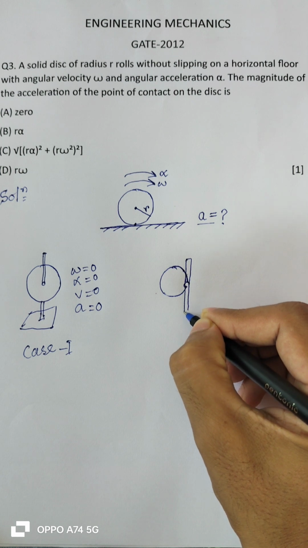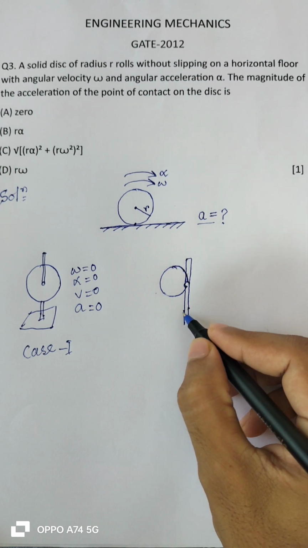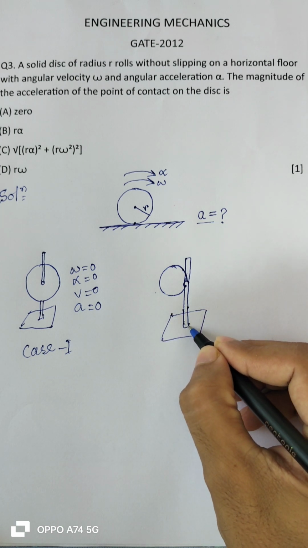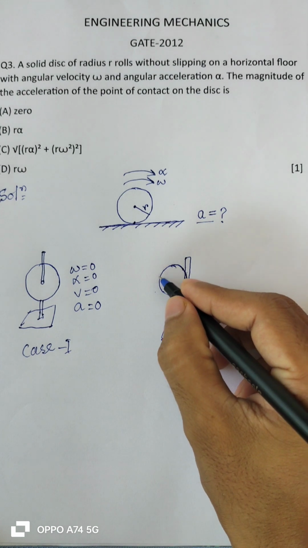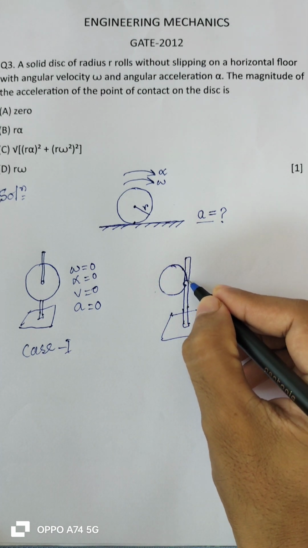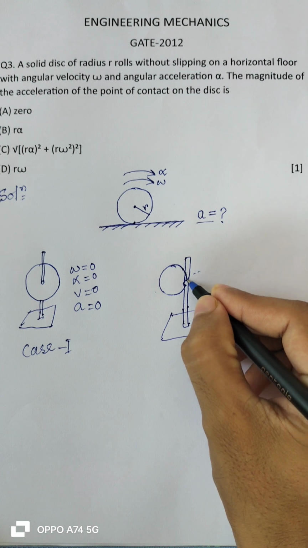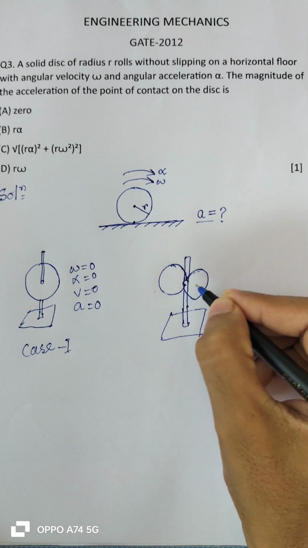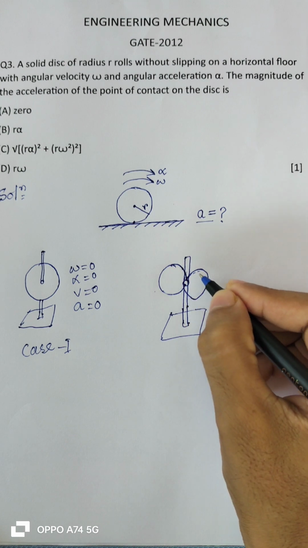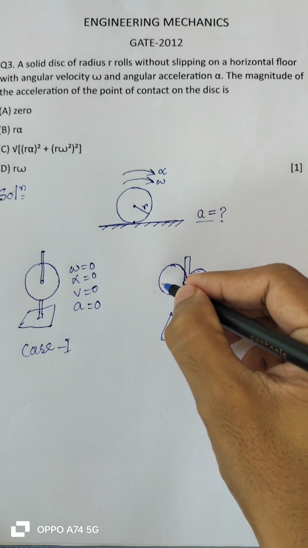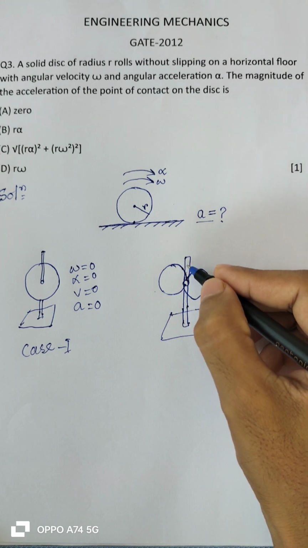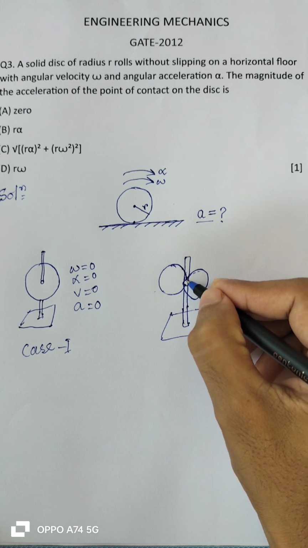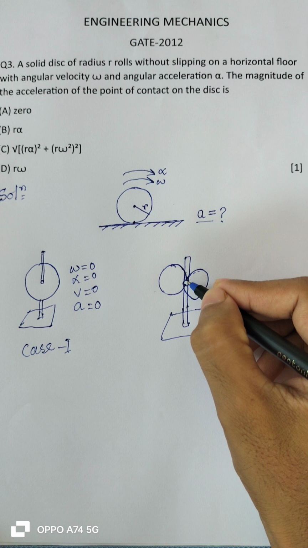Suppose this is the stand and the disk is revolving like this. So the disk is revolving around the stand when this point at the periphery is fixed.